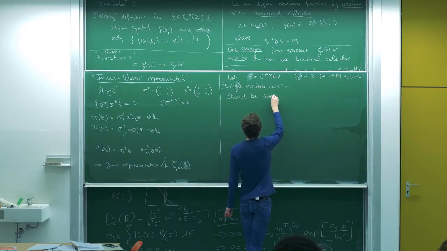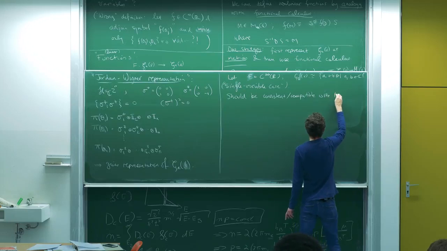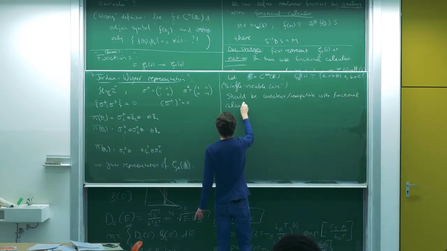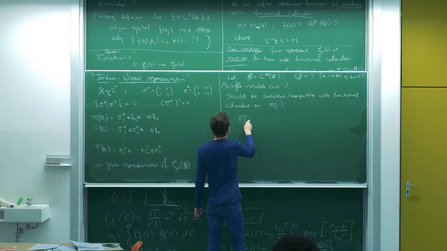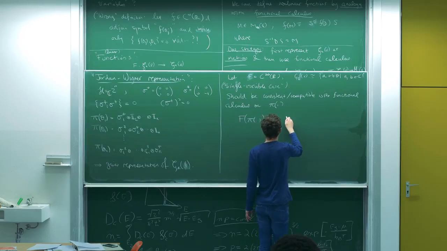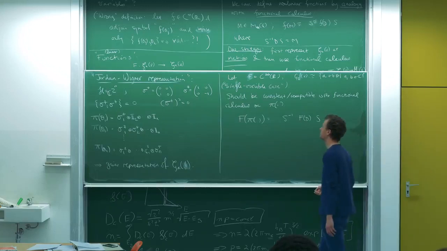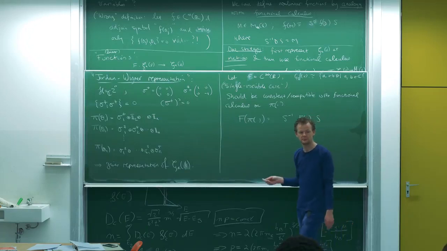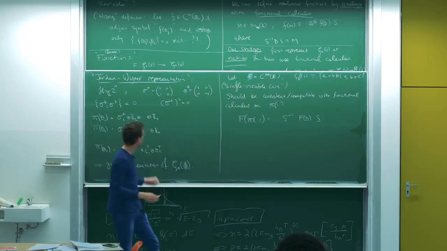Let's say consistent or compatible with it. It turns out to be rather easy, because all these matrices are in Jordan normal form already.